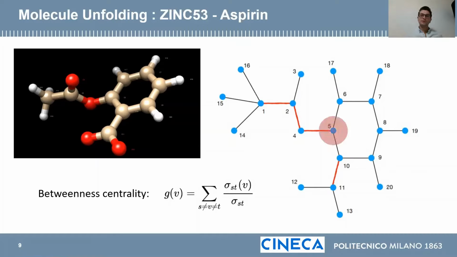The first step is to find the central atom inside our molecule, and this is done thanks to a particular attribute called betweenness centrality. The betweenness centrality is a number that is computed as the total sum of the ratios of all the possible shortest paths passing through an atom over all the possible shortest paths inside the molecule.